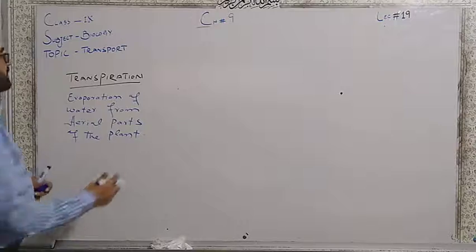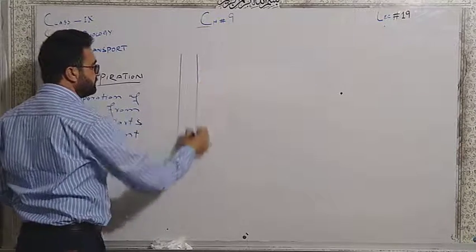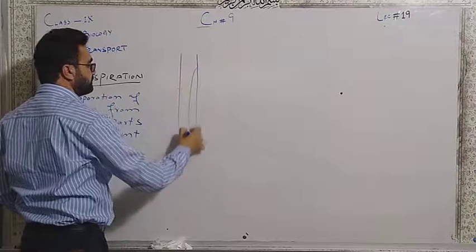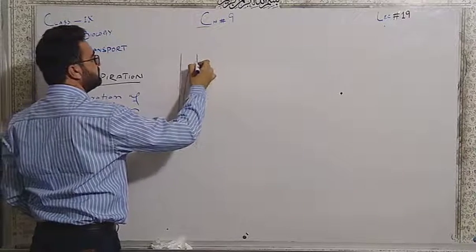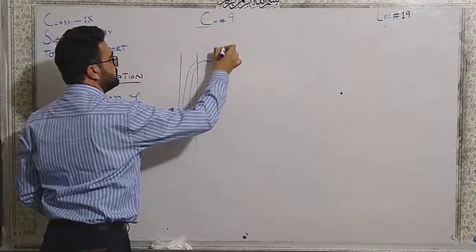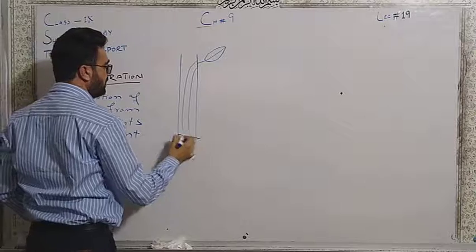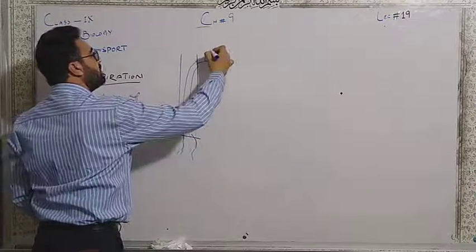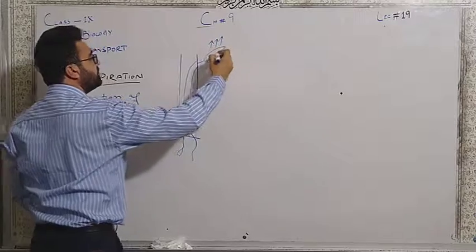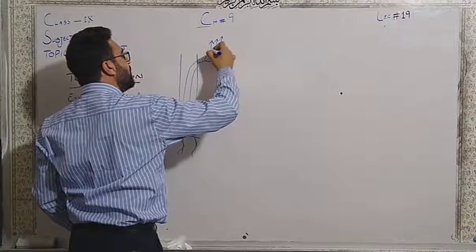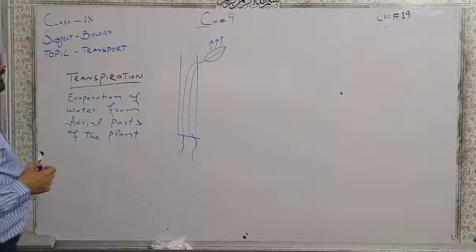This process is called transpiration. As the sun rays are falling on the leaves, the water evaporates, and this is called transpiration.